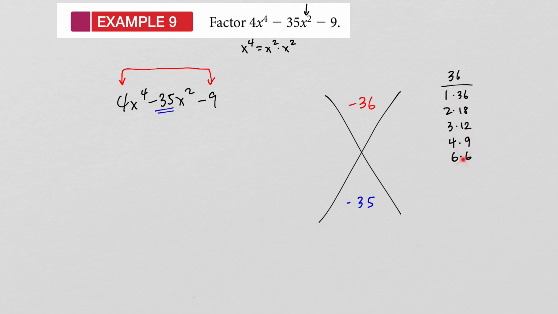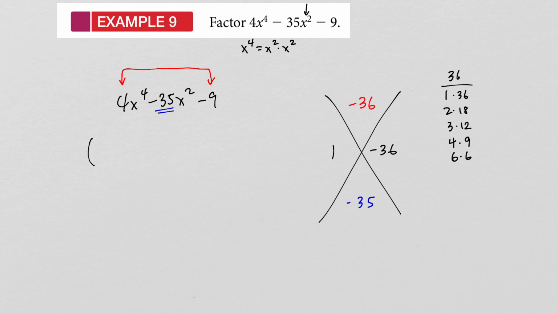Well, out of all of these possibilities, the only numbers that we can add or subtract to get 35 would be 1 and 36. So we know we're going to have to use 1 and 36, but we have to have negative 36 and positive 1 because when I add these, I need to get negative 35. And also when I multiply them, I have to get negative 36.